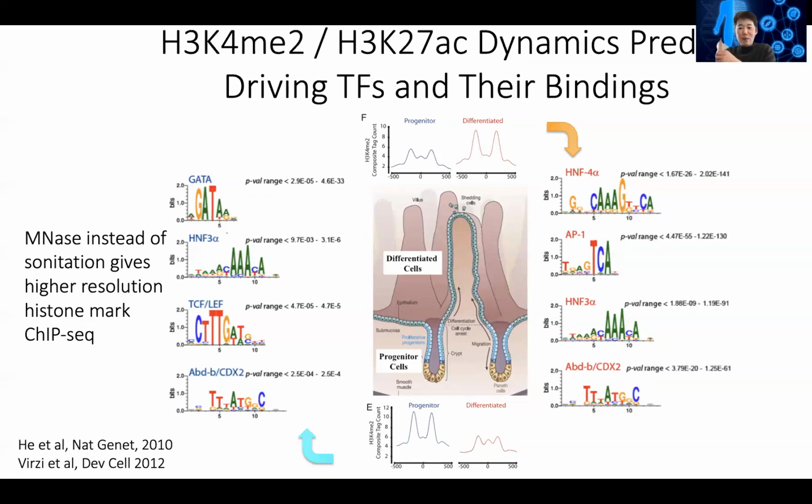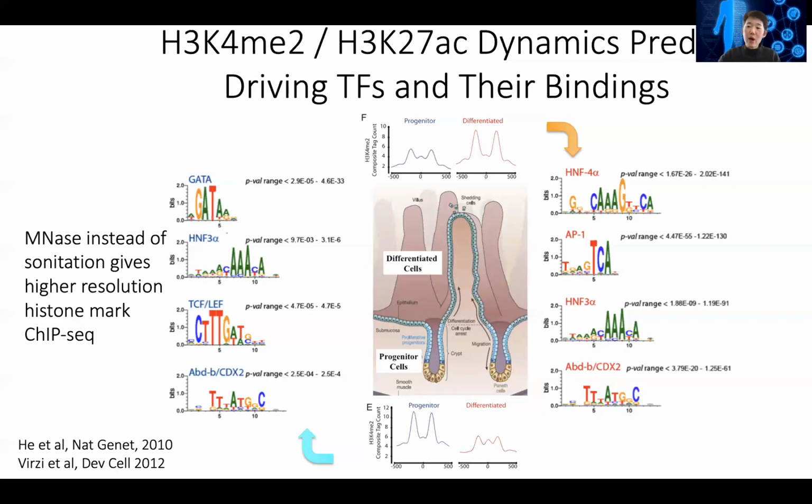Because of the motif location, in other locations, these two are together and they can squeeze out different nucleosomes. And then they recruit other transcription factors. And then you can see they regulate very different genes. In the progenitor cells, it really regulates proliferation, whereas in the differentiated cells, by collaborating with different transcription factors, it regulates a lot of the absorption and nutrient related gene functions.